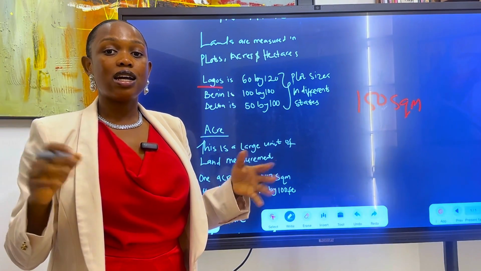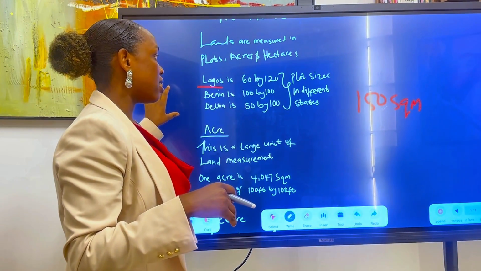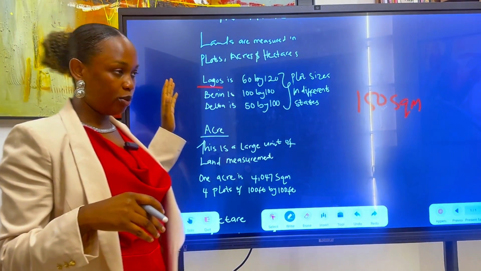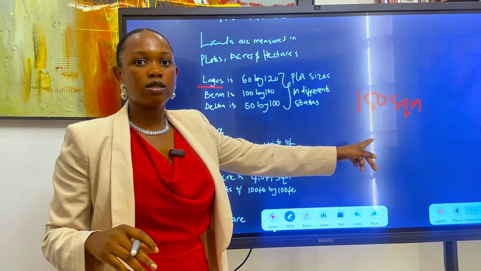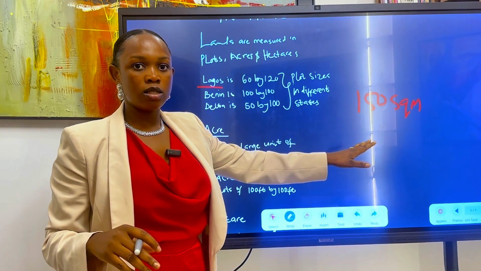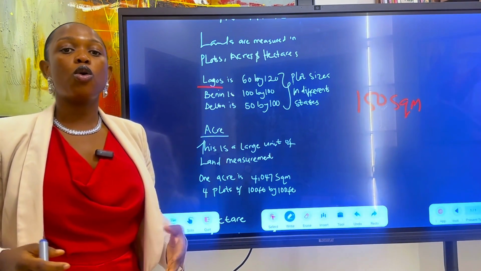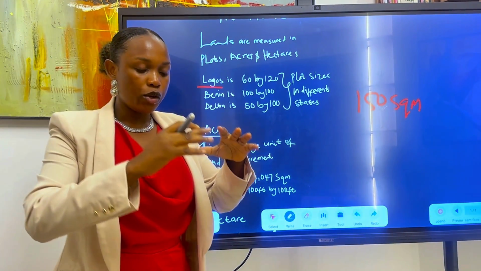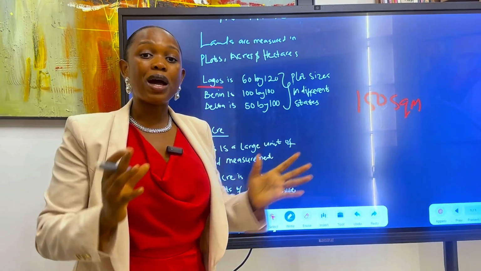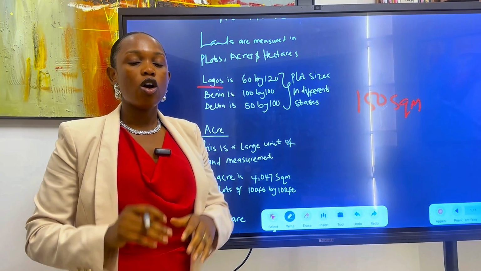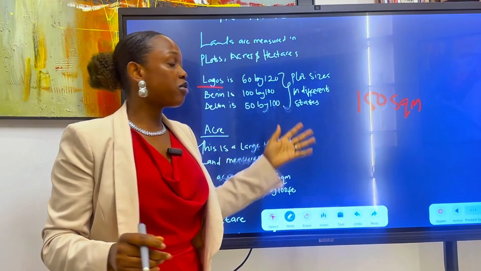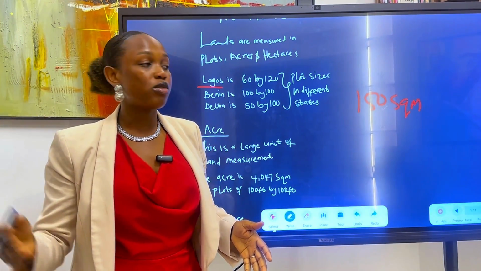Unlike other states that already have their official sizes, which is already displayed on the board, Abuja here, what we deal with is square meters. And the developer or an estate can map out different plot sizes of land, and it varies from 150 square meters to 800 square meters.